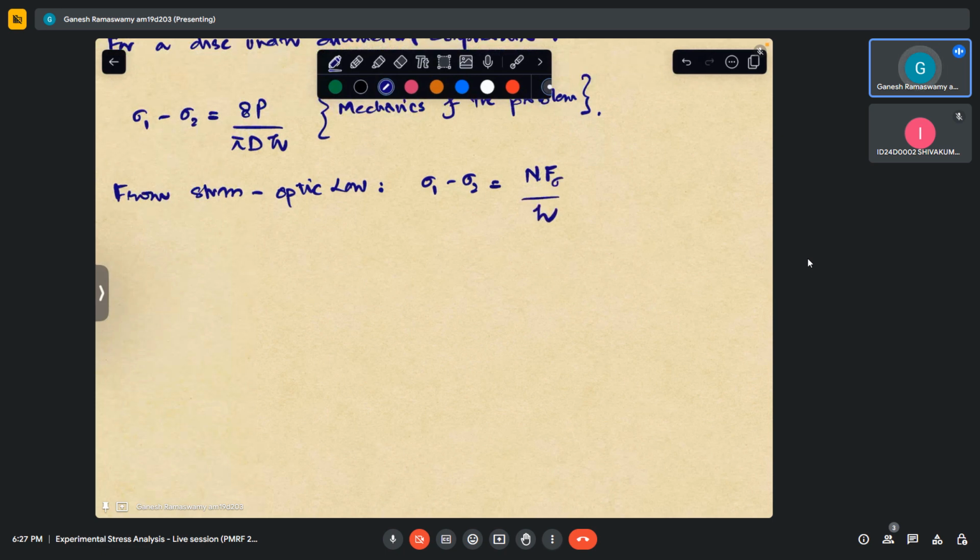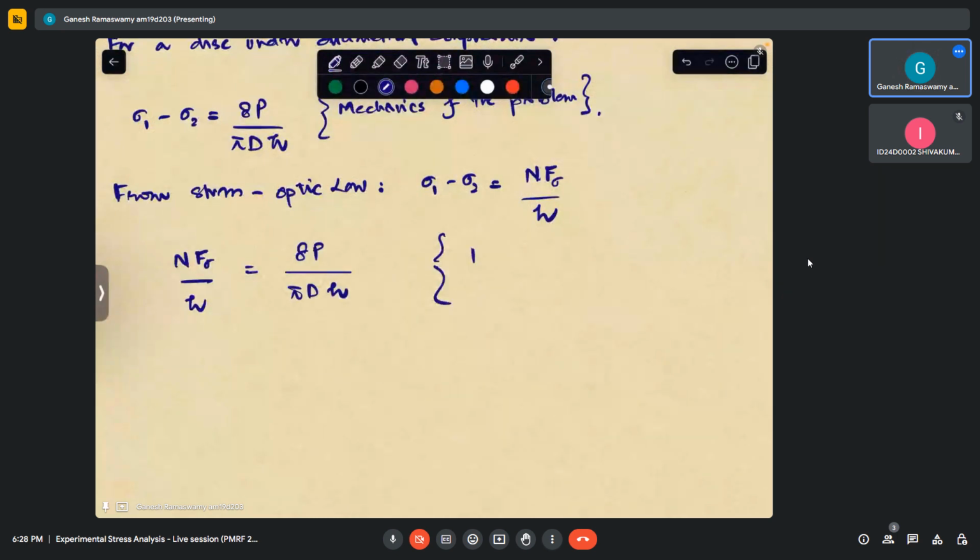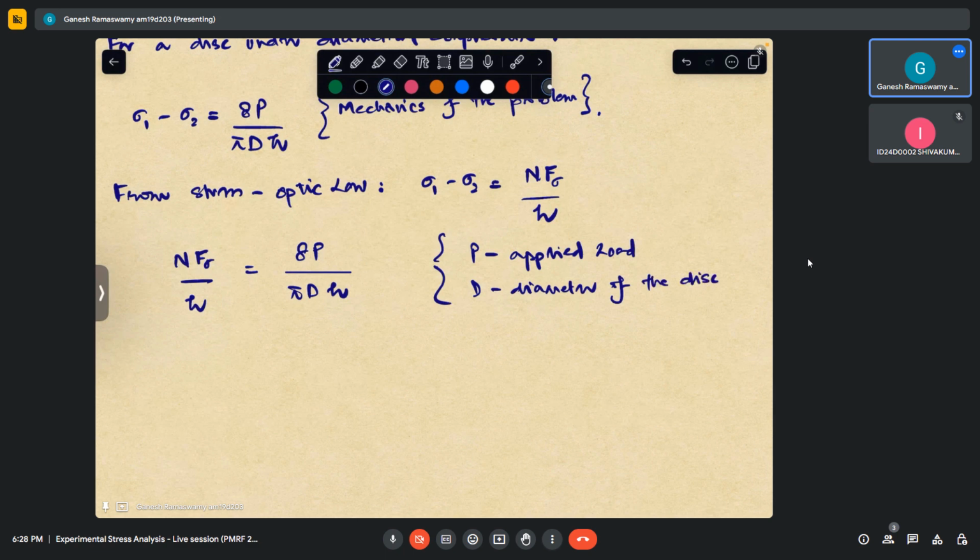So if we equate both of them, we get n F sigma by h is 8P by pi D h, where P is the applied load, D is the diameter of the disk, and h is the specimen thickness.